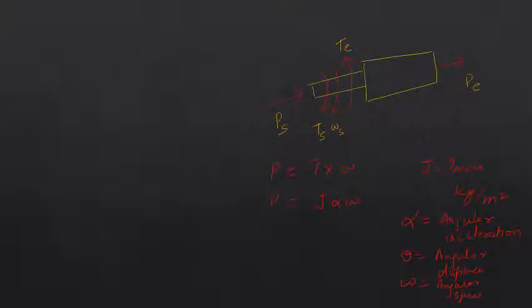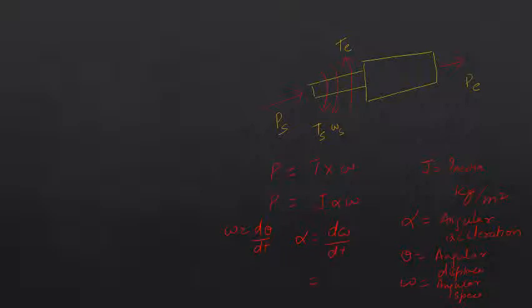Now if I write it, omega is equal to d theta by dt. The rate of change of angular displacement with respect to time will be angular speed. And alpha is the rate of change of omega with respect to time, which will be your angular acceleration.